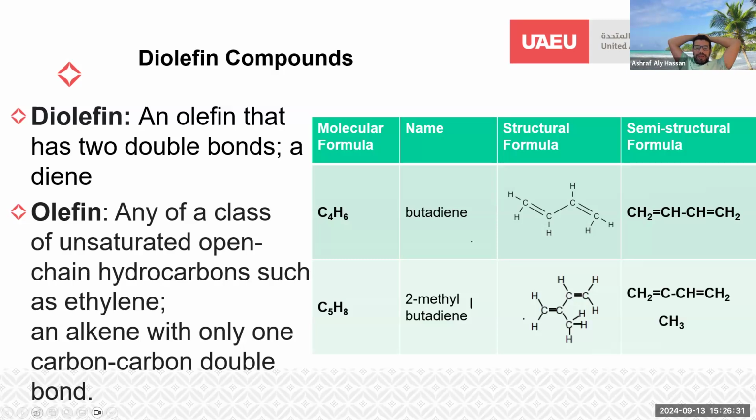So the butadiene, which is C4H6, you can see that it's a very normal alkene, while the C5H8, which is the 2-methylbutadiene, has a methyl group over here that is also connected to an alkene.